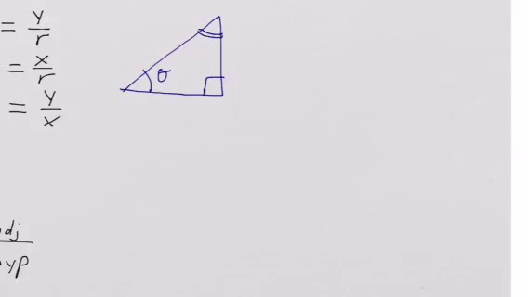So therefore, this angle here is going to be 90 minus theta, because the angles of the triangle have to add up to 180 degrees. Well, we can now use the right triangle based definitions on that angle. So we'll go ahead and call that y, that x, and that r.